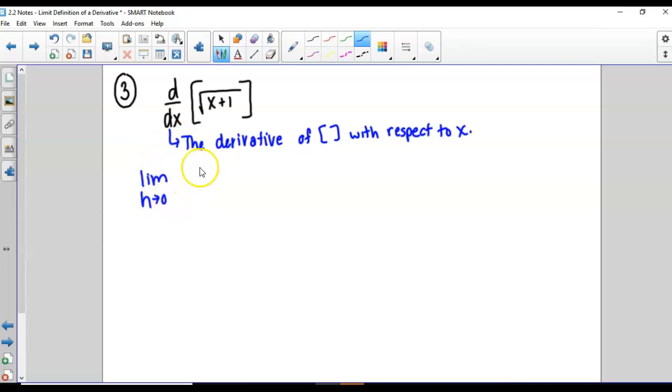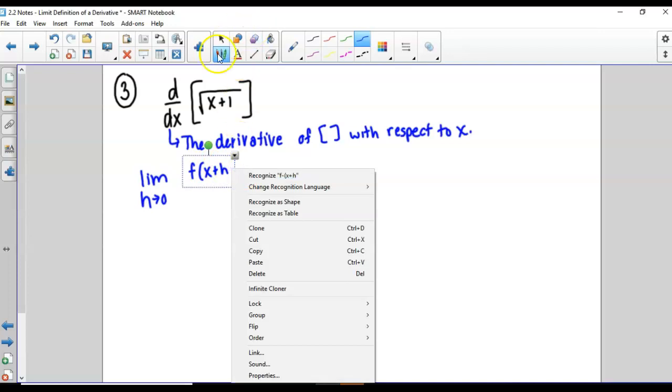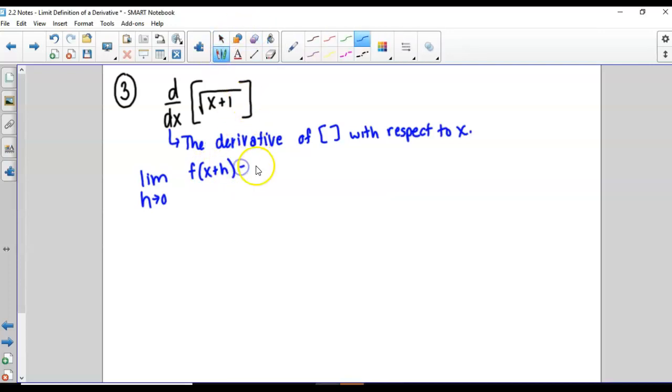So, limit as h approaches 0 of f of x plus h minus f of x all over h. And of course, if you use the delta x instead of the h, it's the same formula.